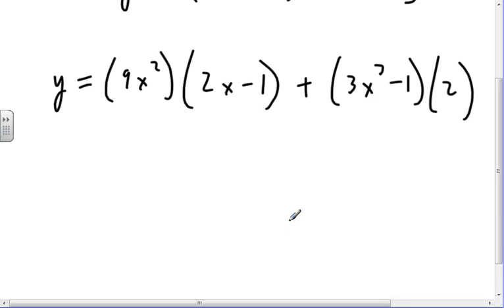Find the derivative of the product as given using the formula for the derivative of the product, and B, by first multiplying. Oh, they want me to do it two different ways? Oh, what a bunch of losers.